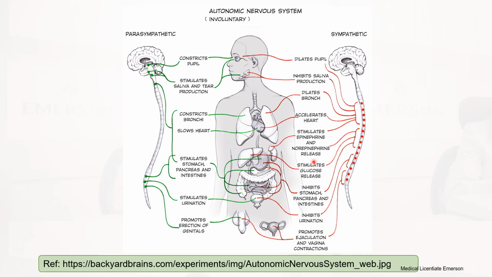So this, you can pause and go through what we are talking about. So parasympathetic promotes erection of the genitals, sympathetic promotes ejaculation and vaginal contractions. So that's some of the things that you need to understand about the sympathetic and the parasympathetic, like parasympathetic stimulation of urination, sympathetic inhibition of urination.